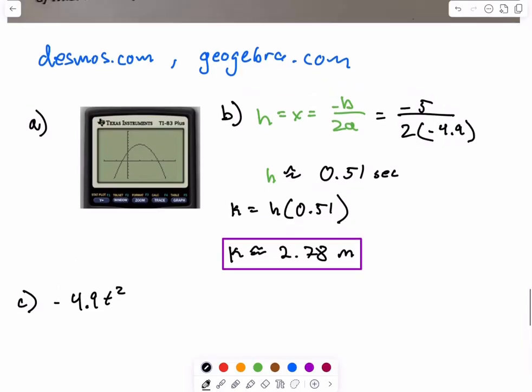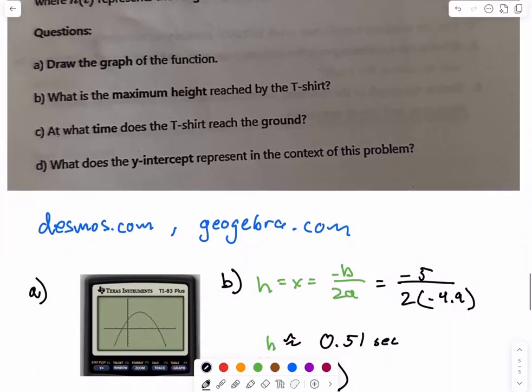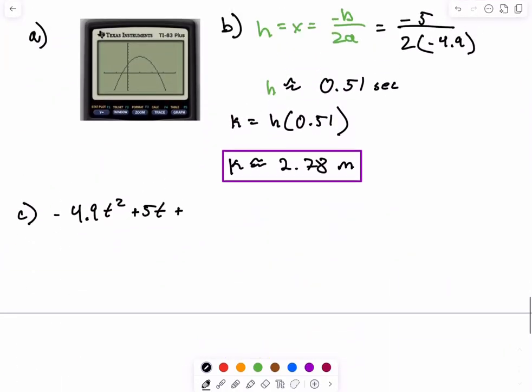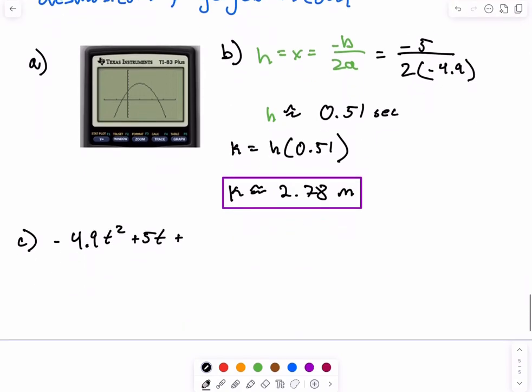Negative 4.9t squared plus 5t plus 1.5. We want to set it to 0 and solve. Probably just the quadratic formula is the easy way to go because we got all these decimals.